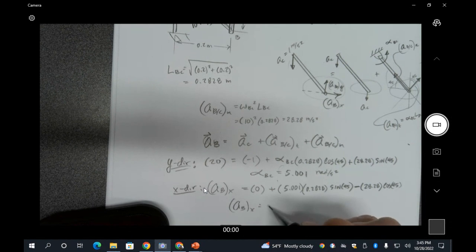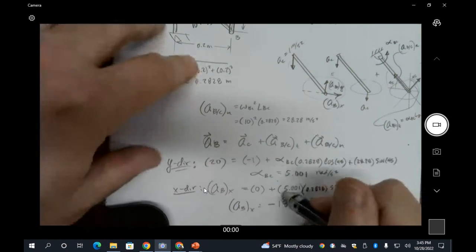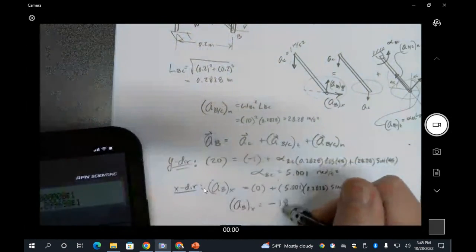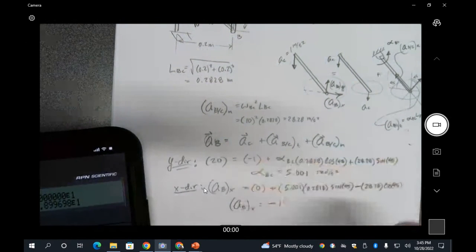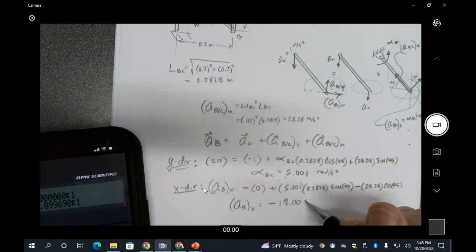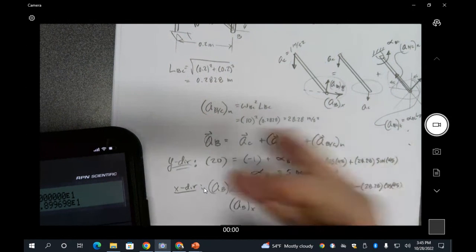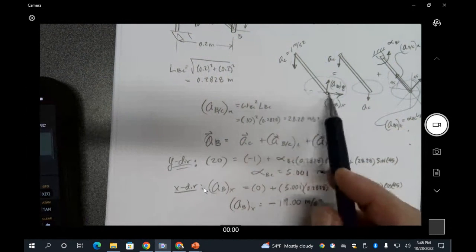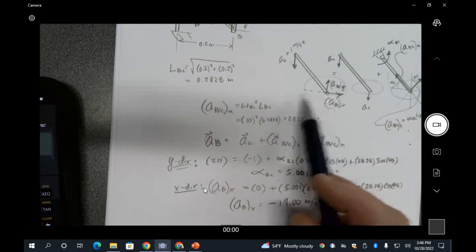So you subtract the thing out and you get a negative, what looks like 19, 18.9996 or something. So negative 19, and these are meters per second squared. So apparently it is actually accelerating over in that direction.